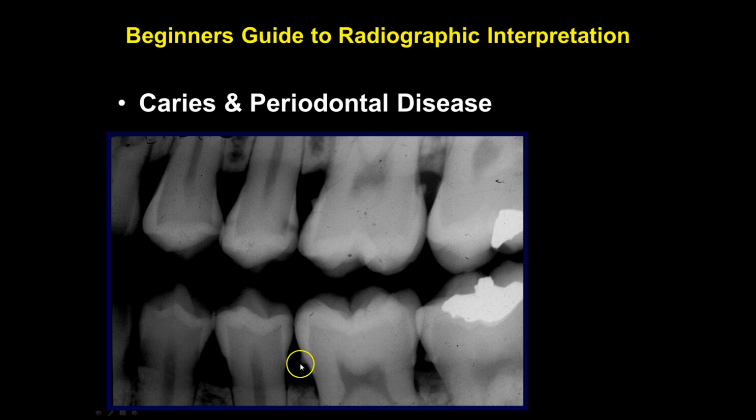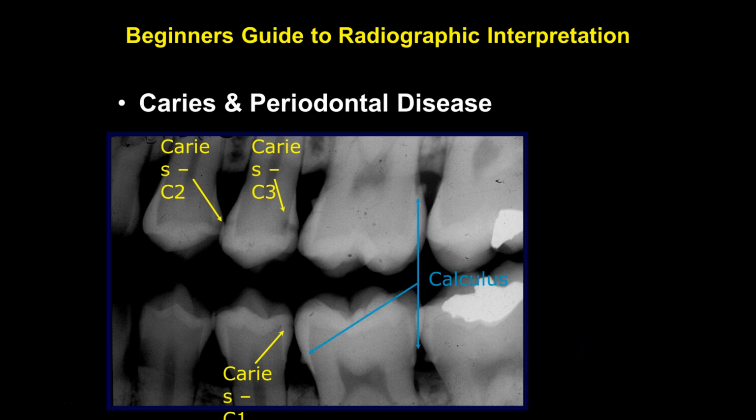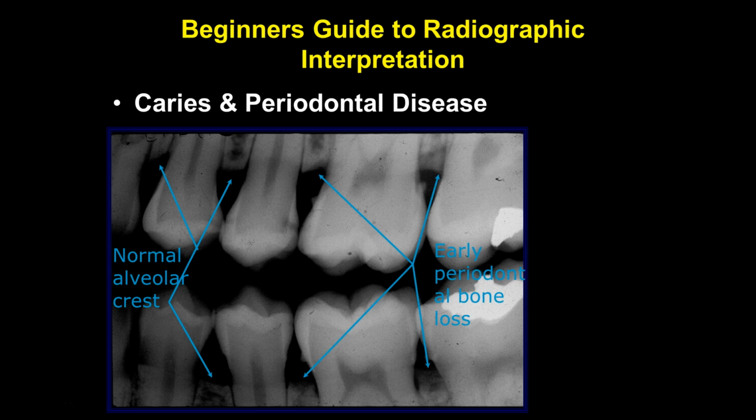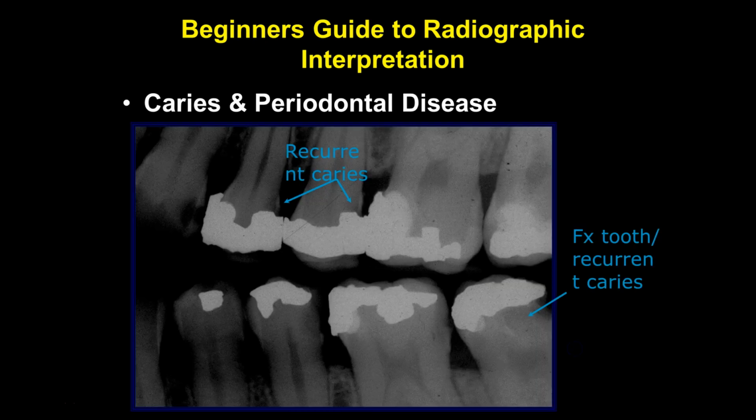Remember, we were also talking about the calculus, and if we click on these images, it's going to show us some curious lesions, class 1, 2, and 3 in our calculus as we move along. Normal alveolar crestal bone following the pattern of the CEJ, and early periodontal bone loss that's present.